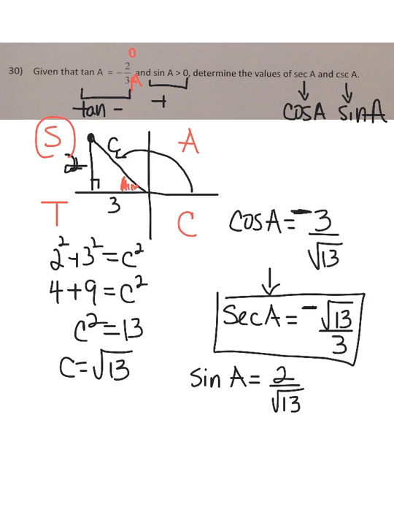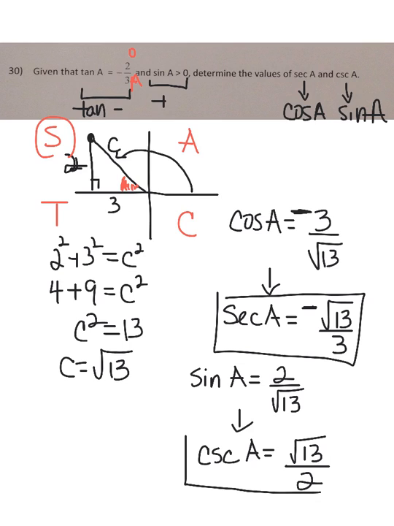It's not what they're asking for. They're not asking for the sine, but just telling you that it is positive. So then I know its reciprocal trig function, which is what they're asking for, which is the cosecant. Just flip, make the denominator the numerator, and the numerator the denominator. Okay, and that's positive as well.